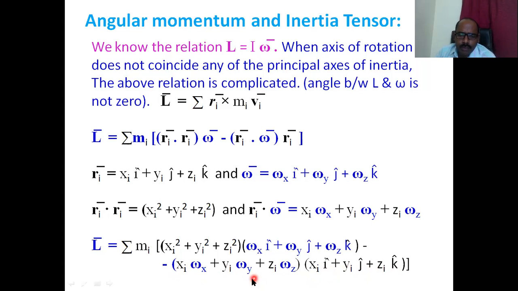So the term is minus xi square omega x i cap, and here i cap is also there. The total term is xi square plus yi square plus zi square times omega x, minus xi square omega x. So xi square is cancelled and the remaining is yi square plus zi square into omega x.